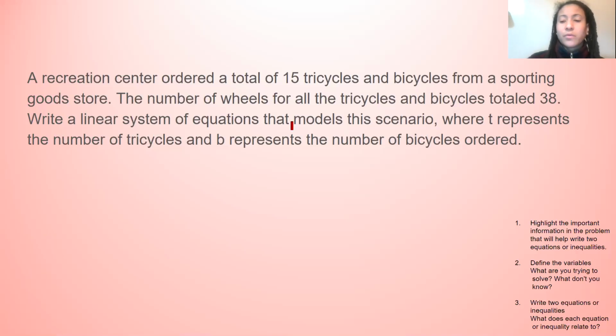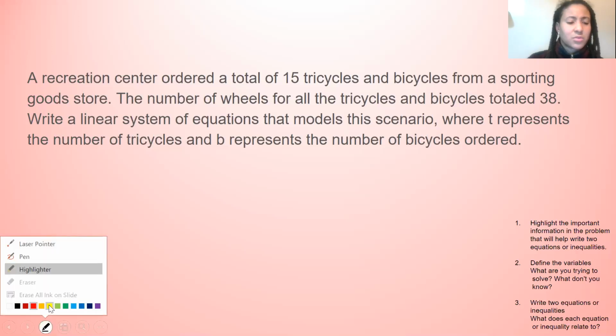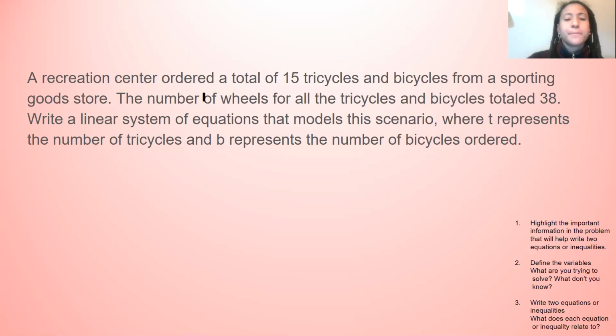All right, so first thing I want to highlight, I'm going to use the yellow. I don't like this red so much. All right, so we have a total of 15 tricycles and bicycles. Then it says we have a total of 38. But what is this 38 representing?